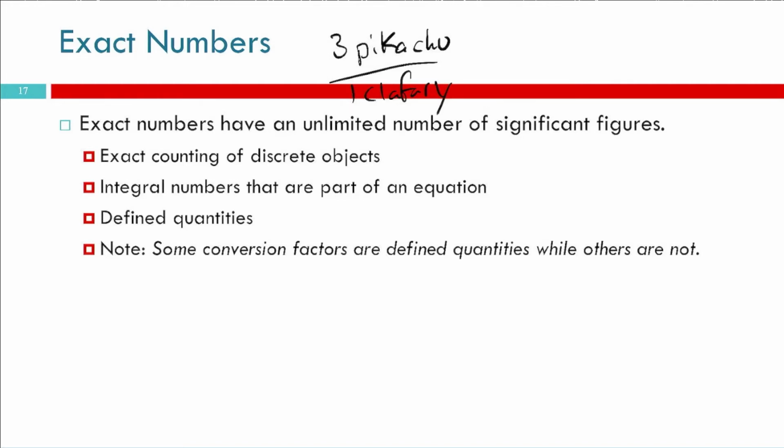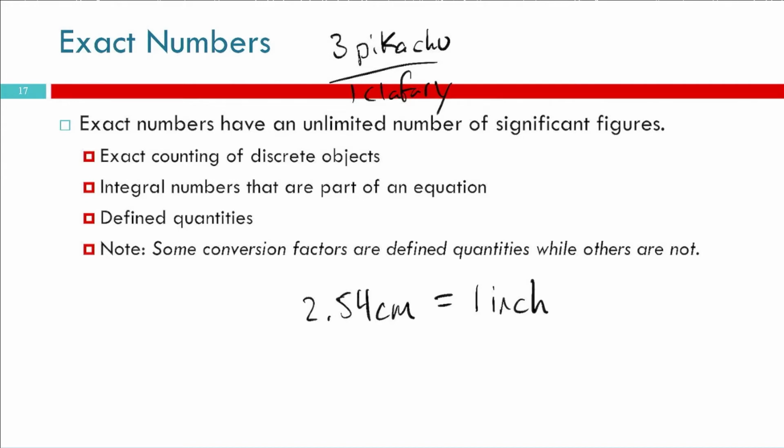And there are some defined quantities. One of these is actually an inch. The inch used to be defined as the width of the king's thumb, but we don't have a king. So the width is now defined as 2.54 centimeters. So if you see 2.54 centimeters equals 1 inch, that is exact.